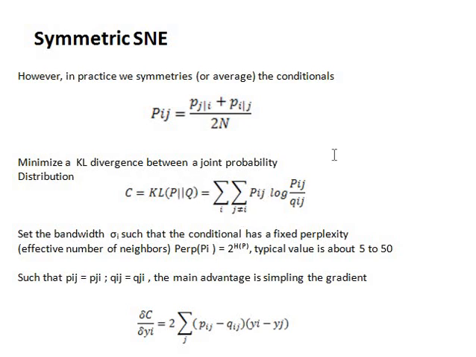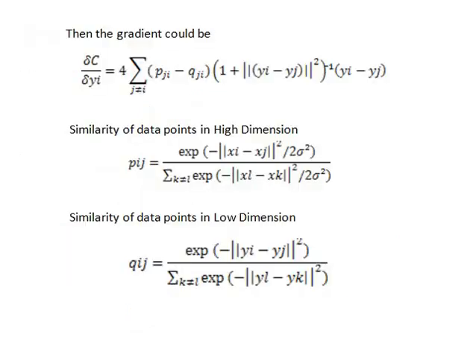Here we can see this is the formula for the KL divergence function in t-SNE, and we apply it like this. After that, the new Pij and Qij must be the same. This is the required formula for Pij and Qij. It should be the same. When it is not the same, then we apply KL divergence and try to preserve the distance and try to make it the same.